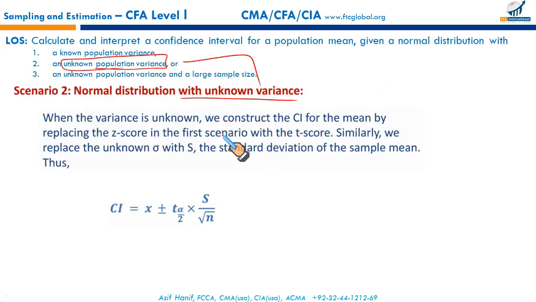Here it is. When the variance is unknown, we construct the confidence interval for the mean by replacing the z-score in the first scenario with the t-score. How do we calculate it? All is coming. Just wait for a few moments. Similarly, we will replace sigma with s.